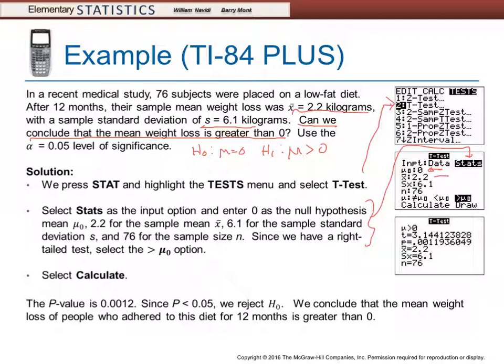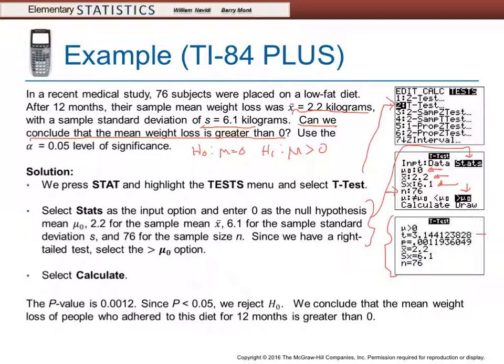We enter 2.2 for X bar. We enter 6.1 for SX, and N is 76, and we come over here to our alternative hypothesis of greater than mu naught. We hit calculate, and sure enough, here is our result screen.